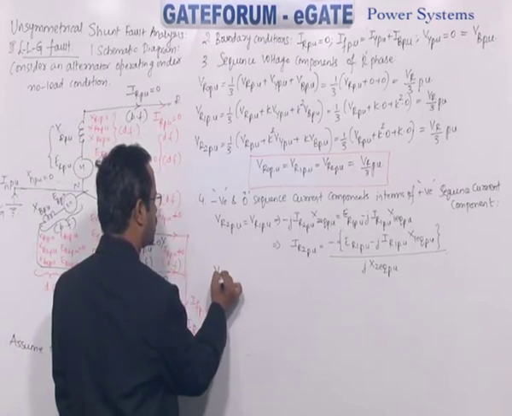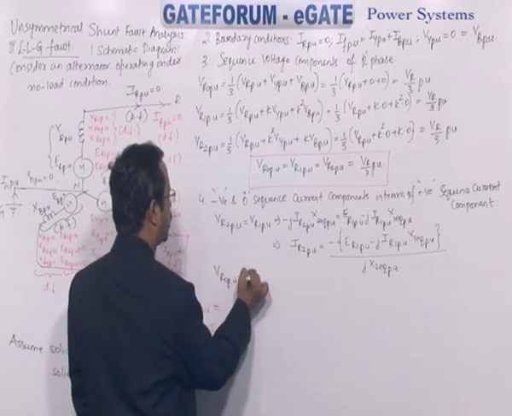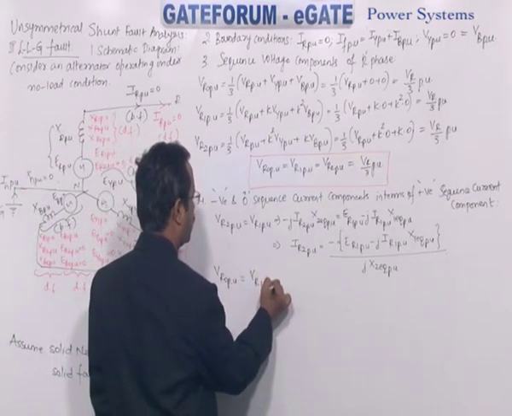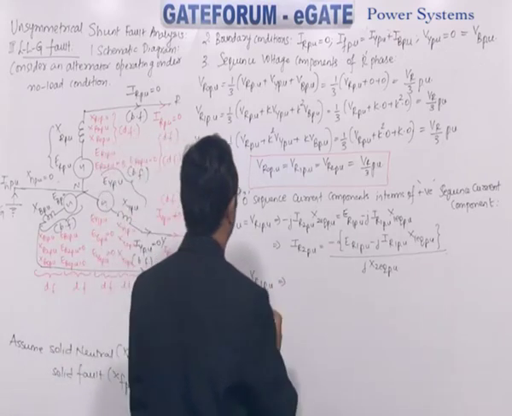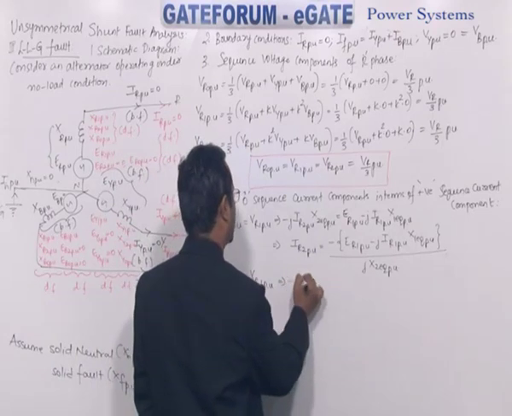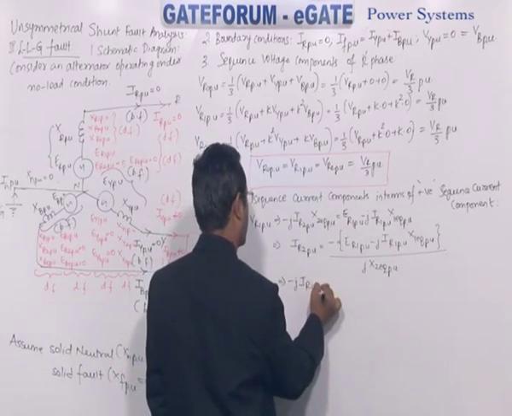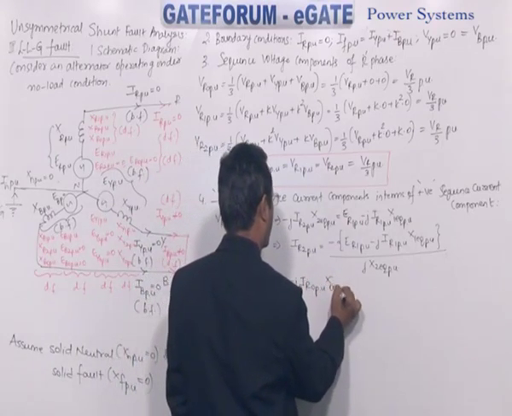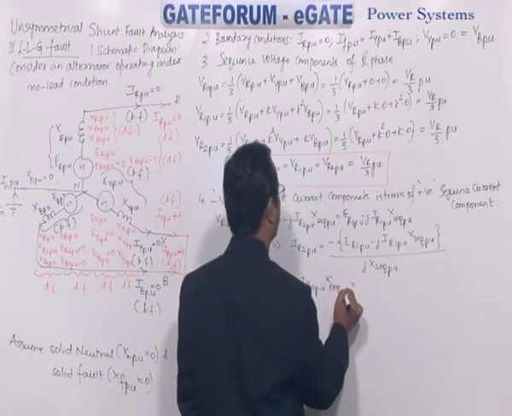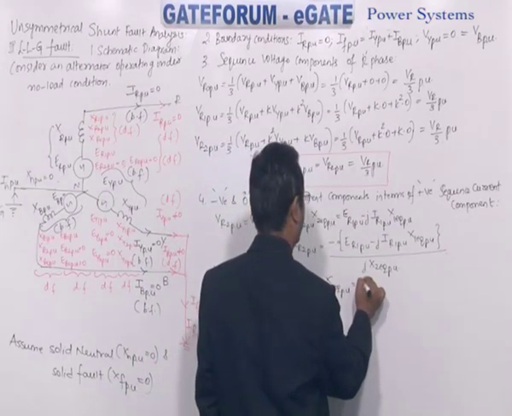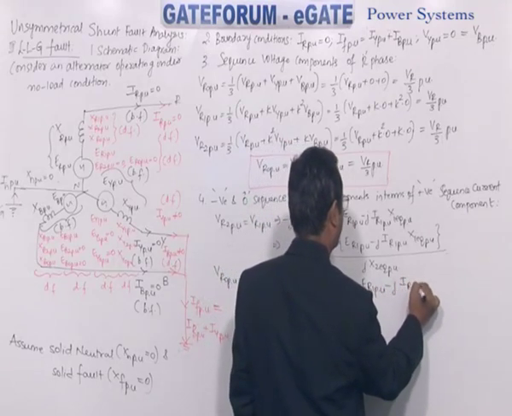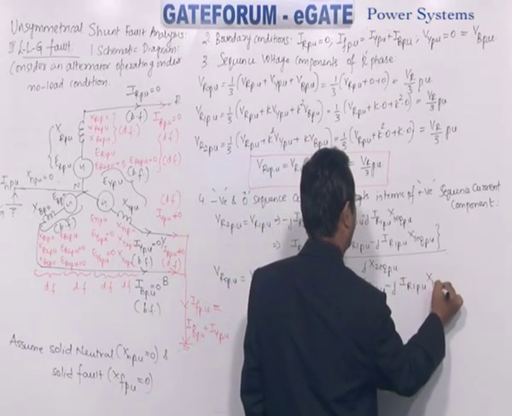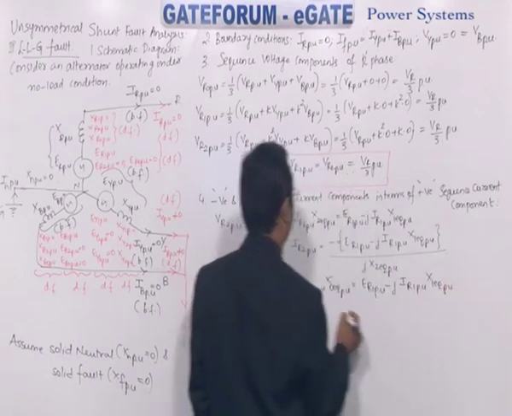What about next? Equate VR0 with VR1. So minus J IR0 X0 equivalent is ER1 minus J IR1 X1 equivalent.